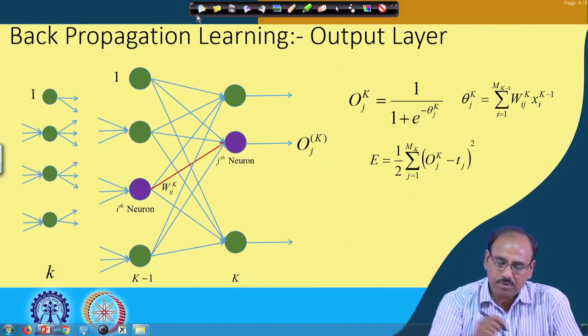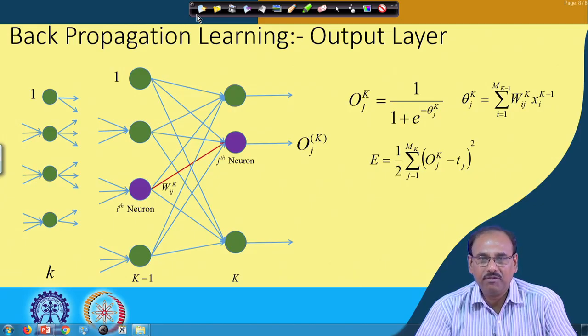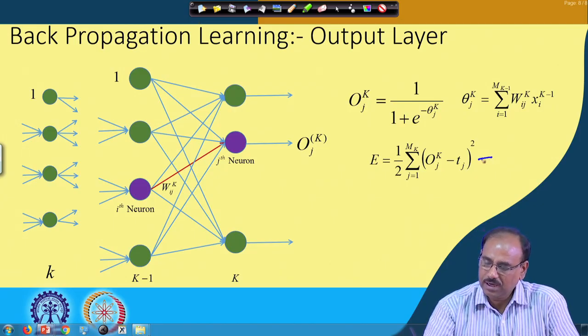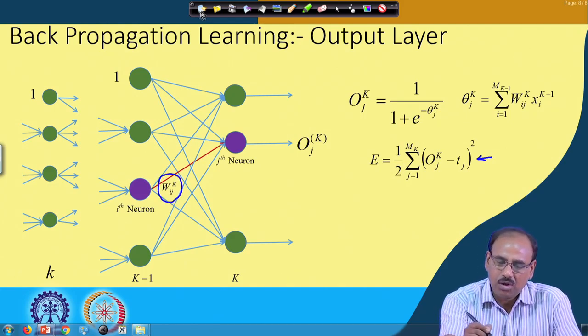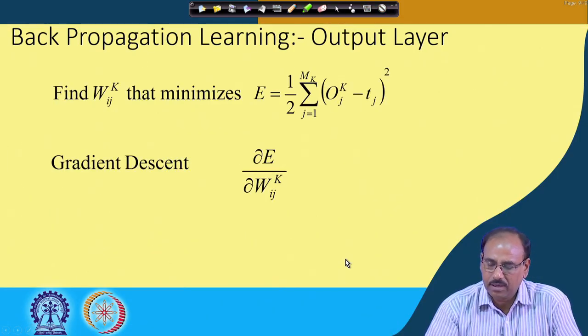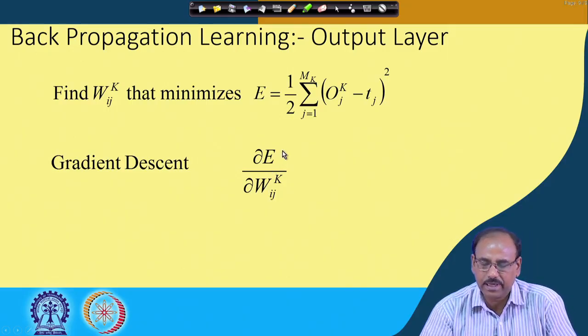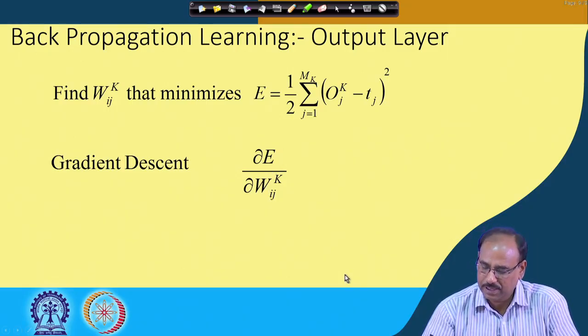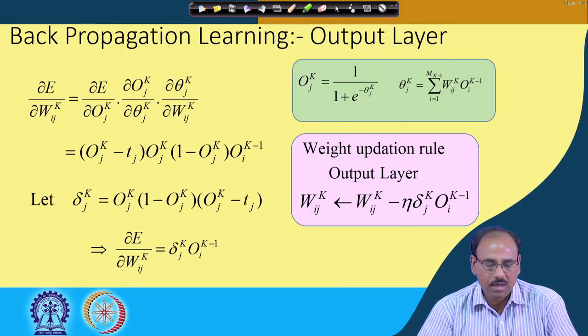So, for updating the weight Wij, I have to take the gradient or the derivative of this error E with respect to the weight Wij. So, I need to take the derivative del E del Wij, and if I compute this, following the chain rule, I get del E del Wij equal to del E del Ojk.